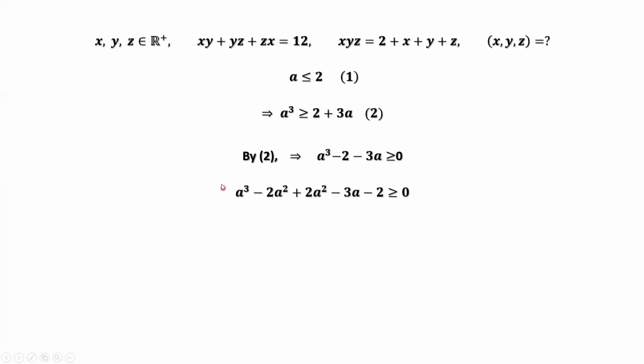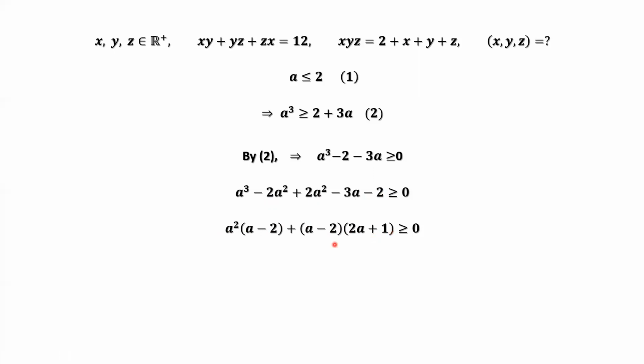We group the first two terms and group the last three terms. We factor a squared out for the first two terms. We have a squared times a minus 2. Factor the last three terms, we have a minus 2 times 2a plus 1.